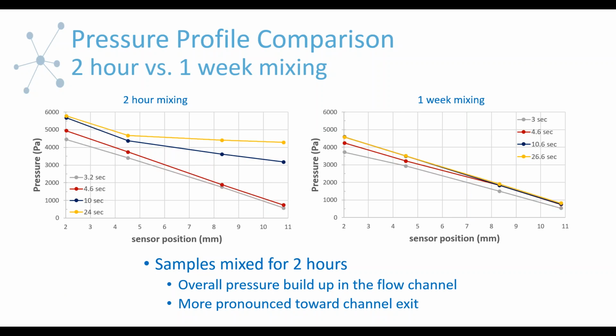So the max pressure gets higher than it does in the 1 week mixed state. So this overall pressure buildup is then more exaggerated towards the exit of the flow channel. Although, because we don't have flow visualization techniques, we can't formally come to a conclusion.